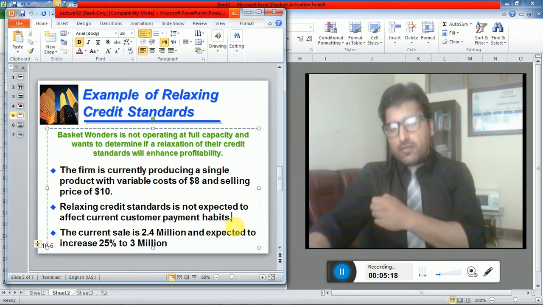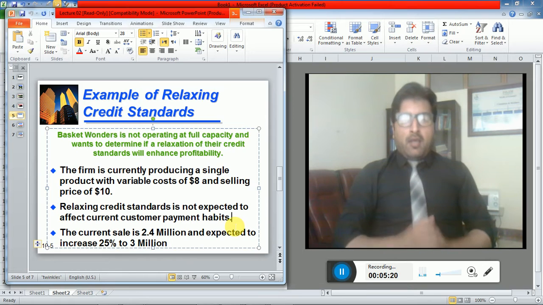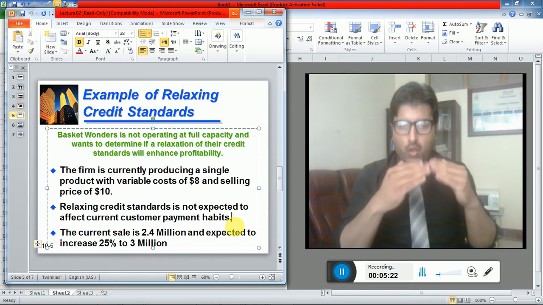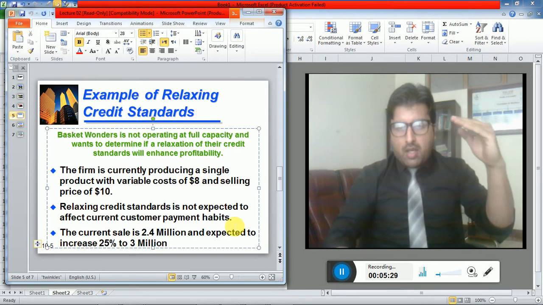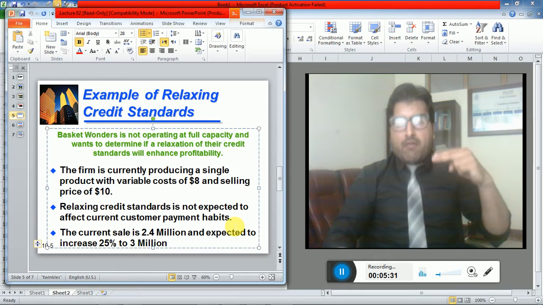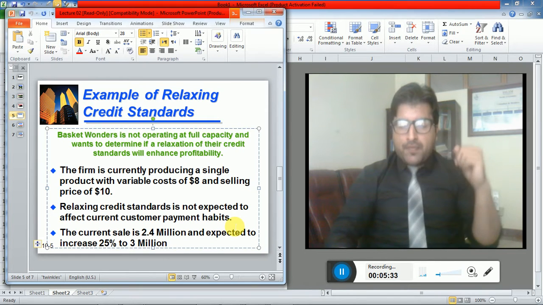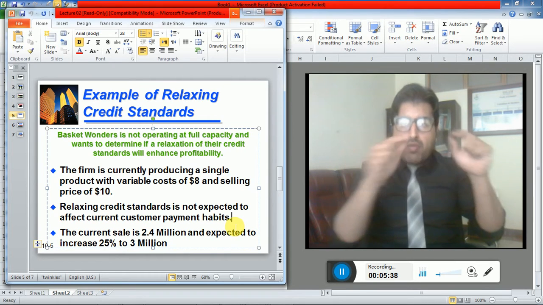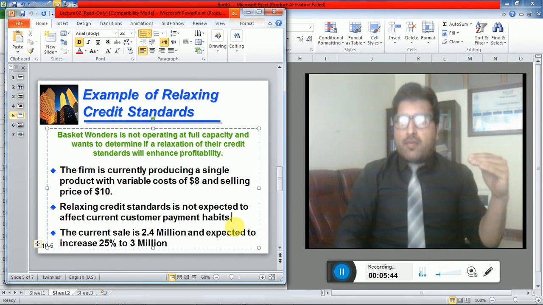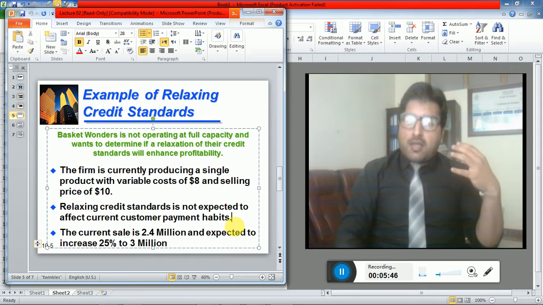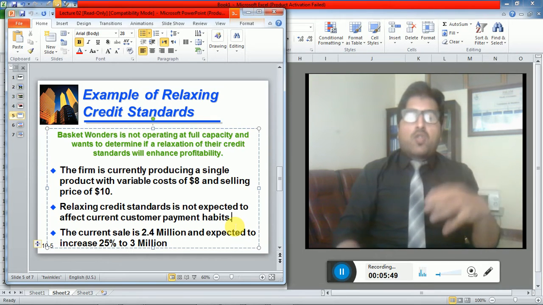Here is one point. When we lower or relax the credit standards, if you remember, AAA is on the top, then we have 2A, and then 1A. If you lower the credit standard from AAA credit rating to 2A, the customers increase and the sales increase, but the current customers' habit is not changing.